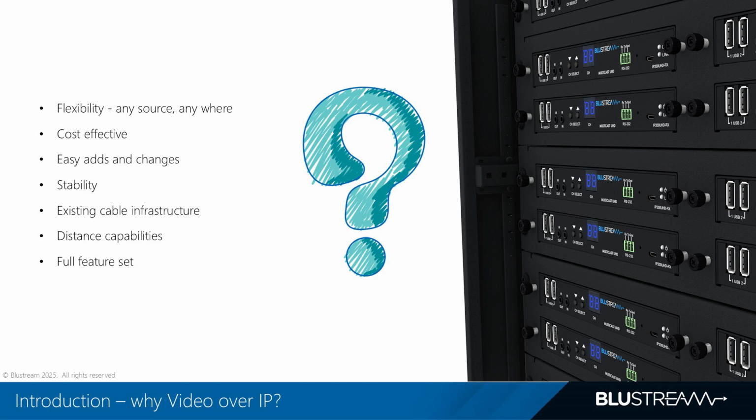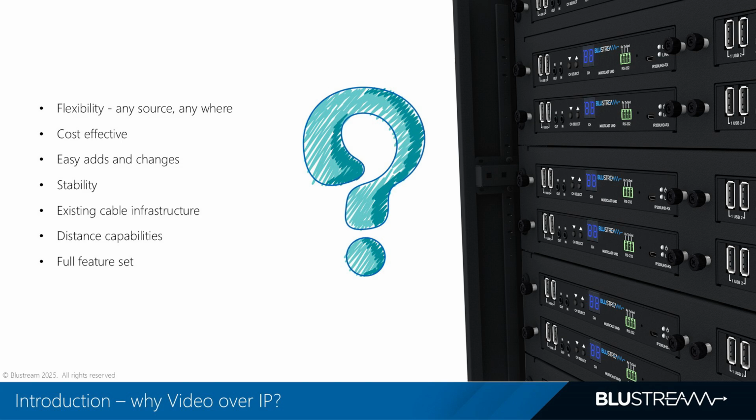It's also incredibly efficient. Modern platforms like Blustream use advanced compression algorithms to transmit video at less than 1 gigabit per second, compared to the 8 to 16 gigabits required by uncompressed technologies. Now, this drastically reduces the load on the network while maintaining exceptional video quality and system stability. Even better, it runs over existing cabling infrastructures in many cases.